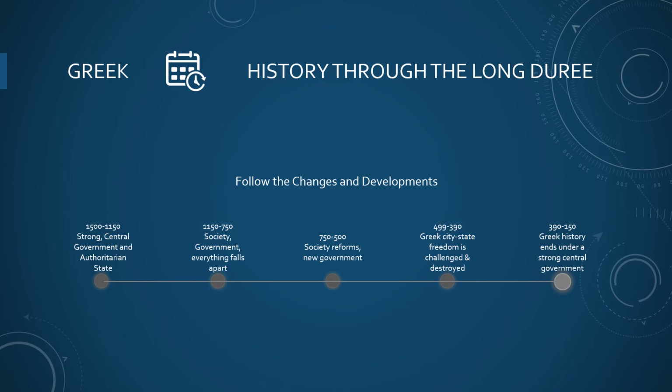But really what we see is that in about 750 to 500, all of this is rebuilt. Basically, imagine that the ground has been cleared and a new building is emerging in its place. And if you will allow me to keep with the analogy, let's say that as they did in the ancient world, they reused some of the broken pieces and some of the original material from that building that collapsed to build the new building.